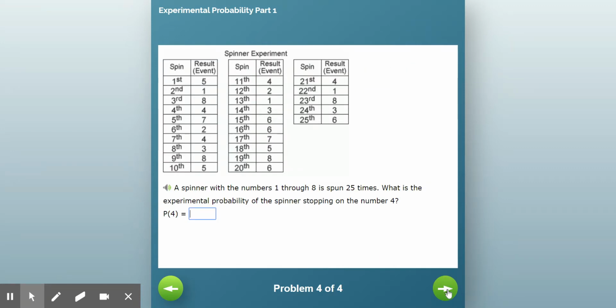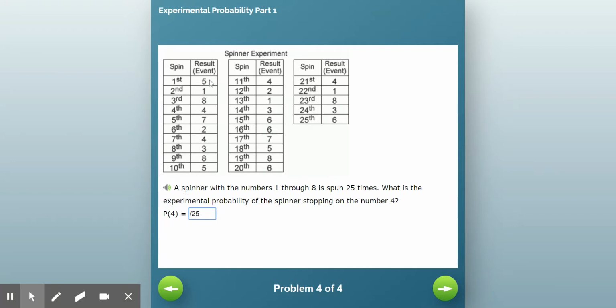All right, so let's look at an experiment. The first thing we're going to do is read the problem. A spinner with the numbers 1 through 8 is spun 25 times. That tells me that this is out of 25. So I know that my total number of trials is 25. Now, what is the experimental probability of the spinner stopping on the number 4?